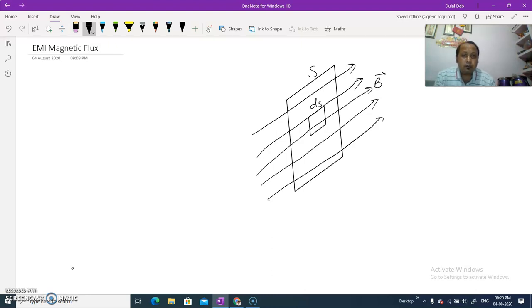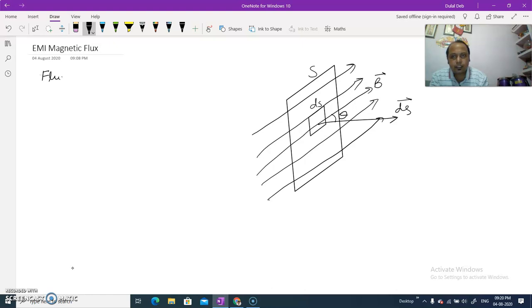Now we know the concept of area vector. The area vector is always perpendicular to the area. Now suppose we consider the small area ds. So the area vector will be perpendicular to ds. Let it be given by area vector ds here, which makes an angle of theta with the magnetic field. This angle is theta. Now if we want to find the flux linked with the small area ds, we are talking about magnetic flux.